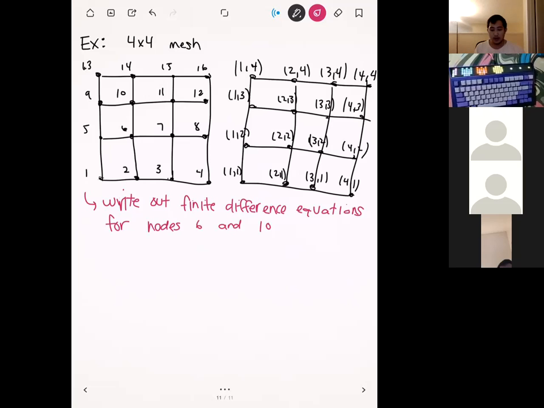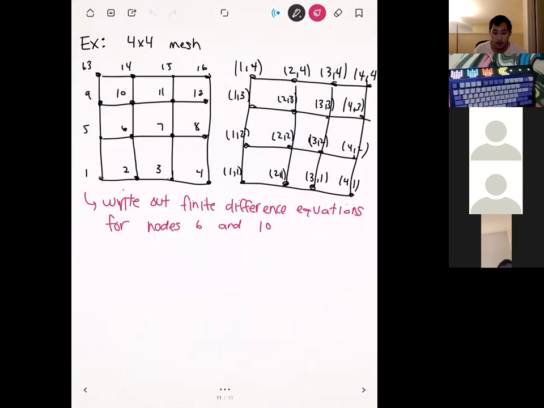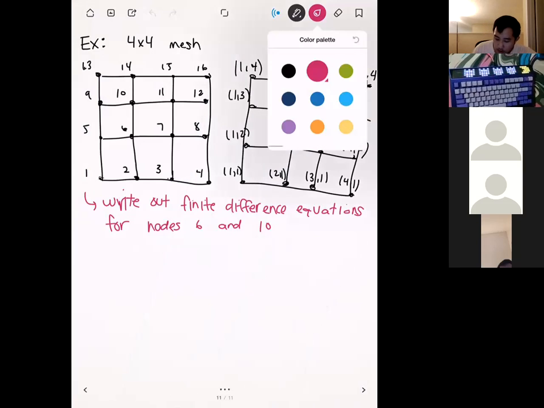I'm going to do this in two ways. The first way I'm going to do it is intuitively from the picture here, and the second way I'm going to use all the formulas that we just wrote out for the left neighbor, right neighbor, top neighbor, and bottom neighbor. So let's start with the intuitive way.